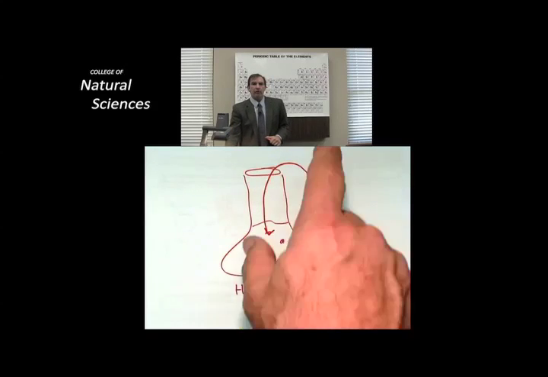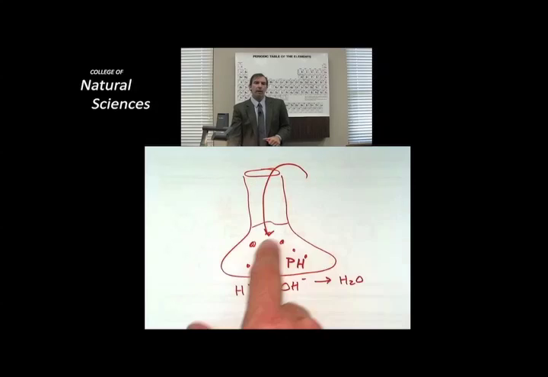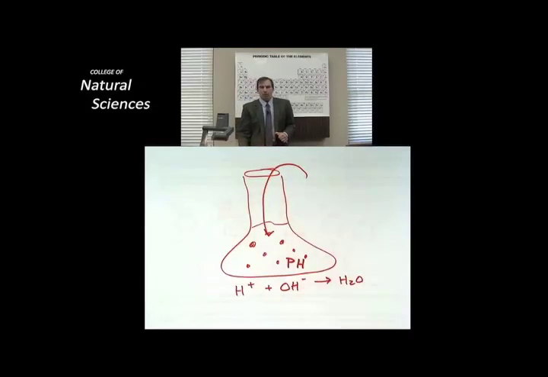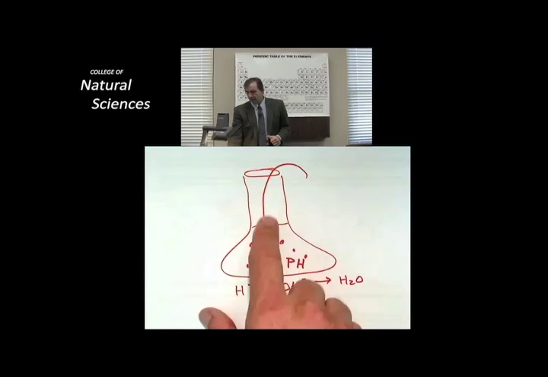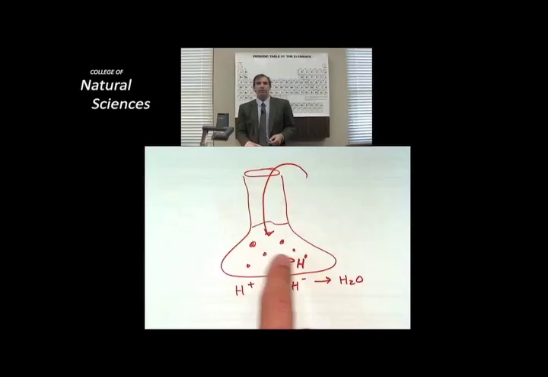I start adding hydroxides, one after another, 1, 2, 3, 4, 5. As we will learn, when those hydroxides come in, they are going to go after the strongest protons they can find. They're going to go after these strong acids right here. They will leave the proton on this phenolphthalein alone until every last one of these other protons is gone.